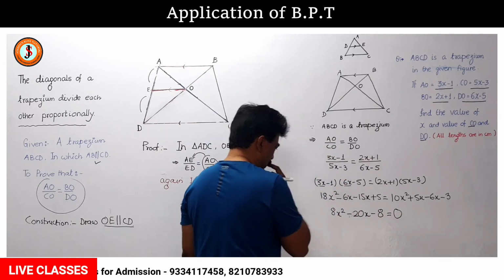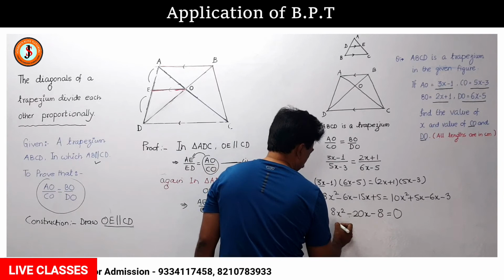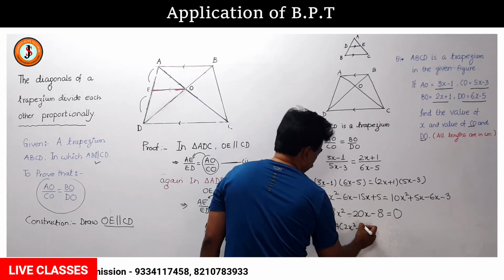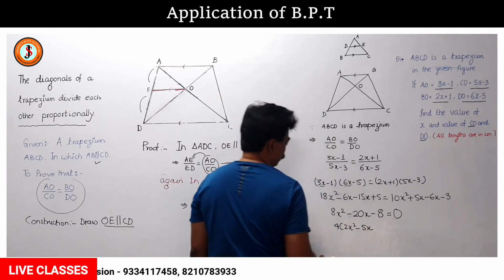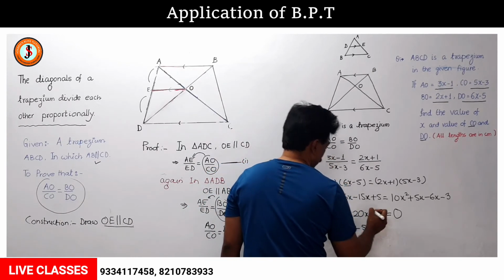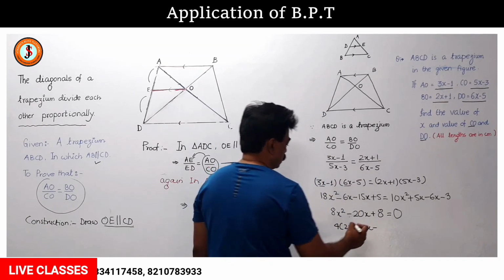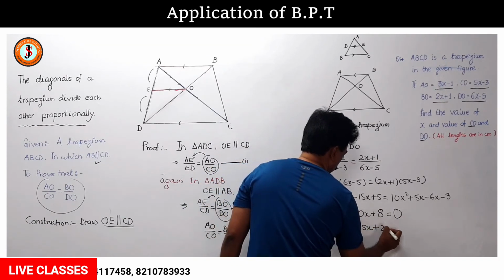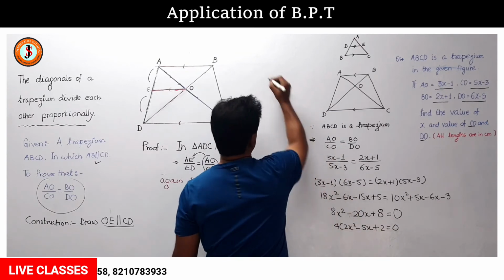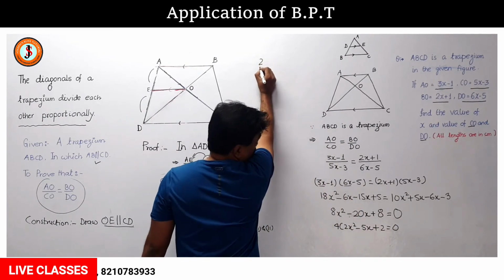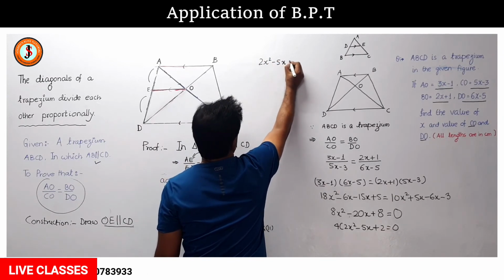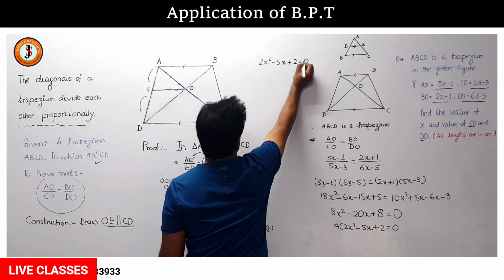So what I can take is 4 common, then it becomes 4 into 2x square minus 5x plus 2 is equal to 0. So finally we are getting an equation 2x square minus 5x plus 2 is equal to 0.